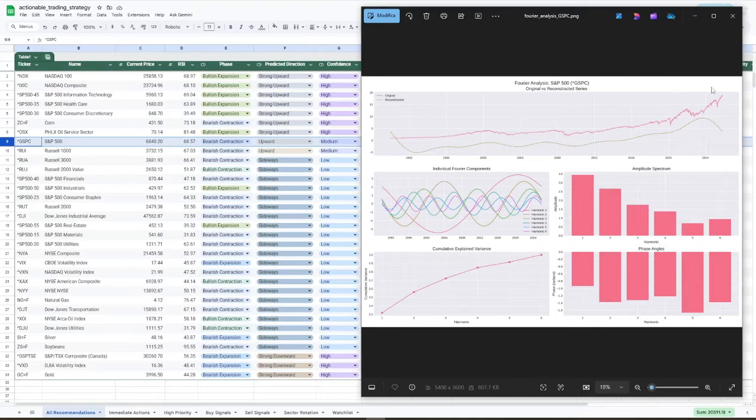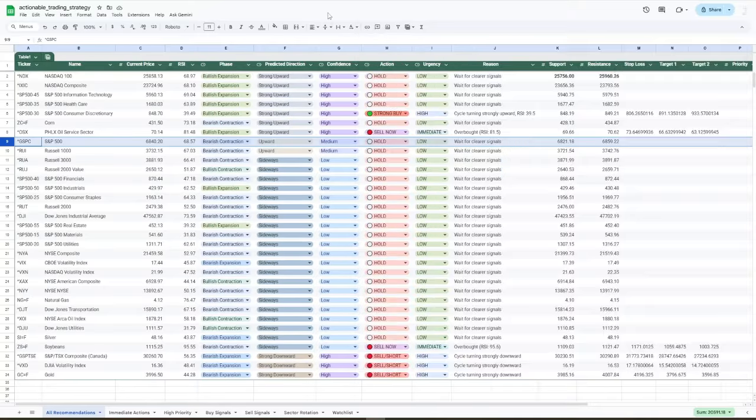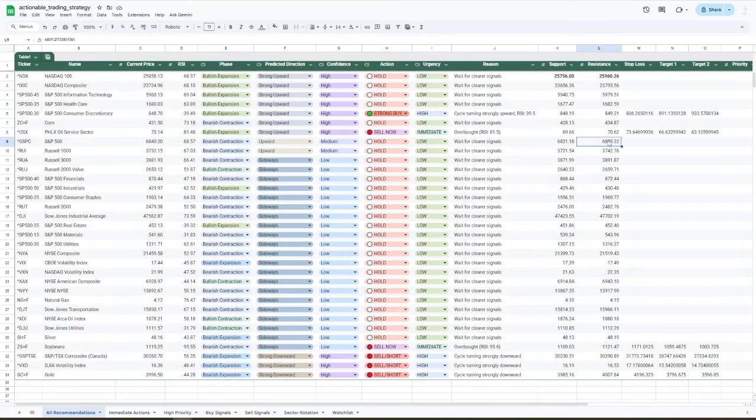Although the pink line is going up, because of the cyclicality we are in a bearish contraction. After the bearish contraction, I would imagine the little baby bear is going to pop up. The direction is upward, the confidence is medium, and it says hold and wait for a clearer signal. We have support 68.21, resistance 68.59.